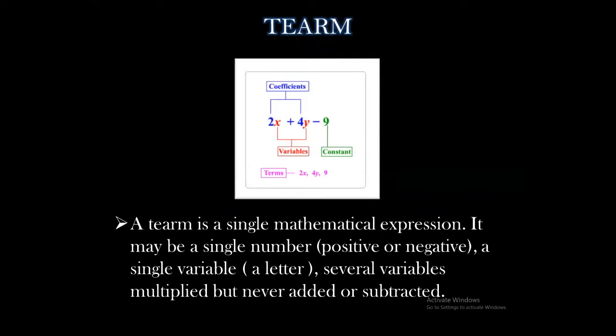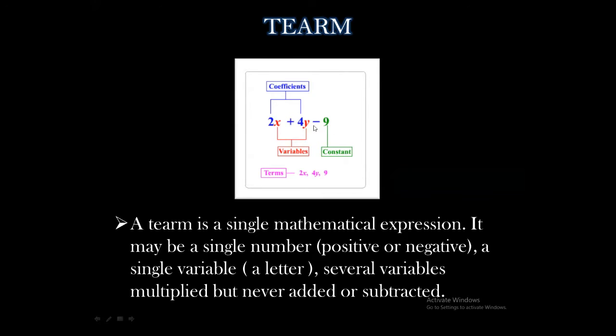A term is a single mathematical expression. It may be a single number, positive or negative, a single variable, a letter, or several variables multiplied but never added or subtracted. So here you can see we have an algebraic expression: 2x plus 4y minus 9.